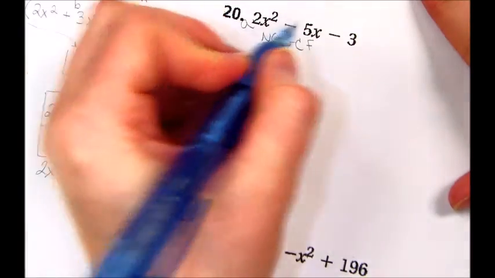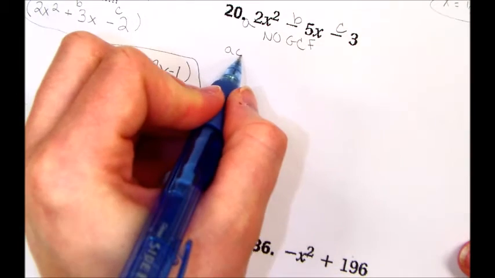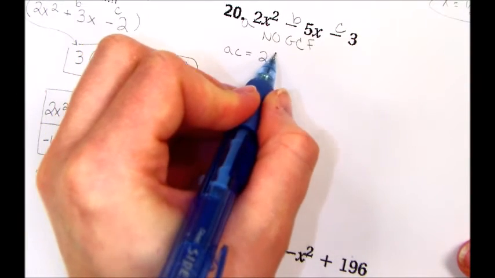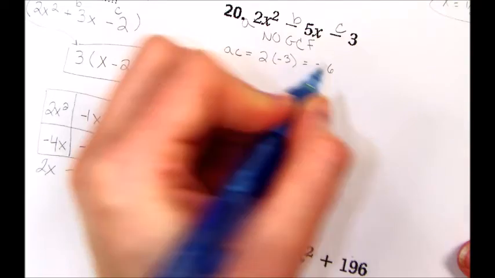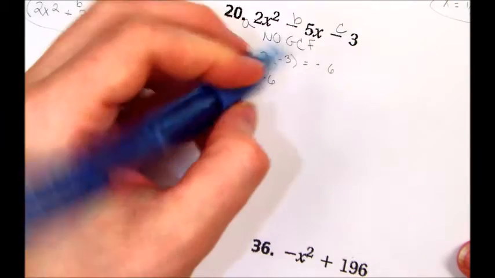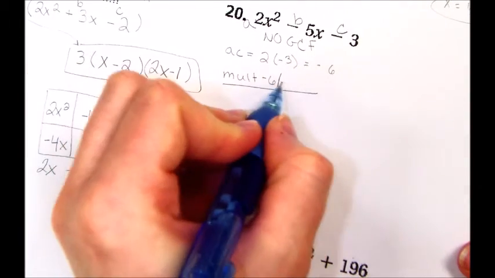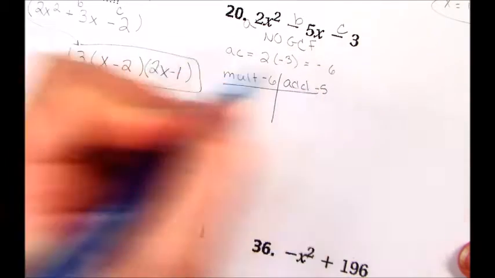You identify A, B, and C, and we need to find AC. AC is 2 times negative 3. That makes negative 6. Okay, so I need to make my little chart. I need to find two numbers that multiply to negative 6, but they need to add to that B value up there of negative 5.